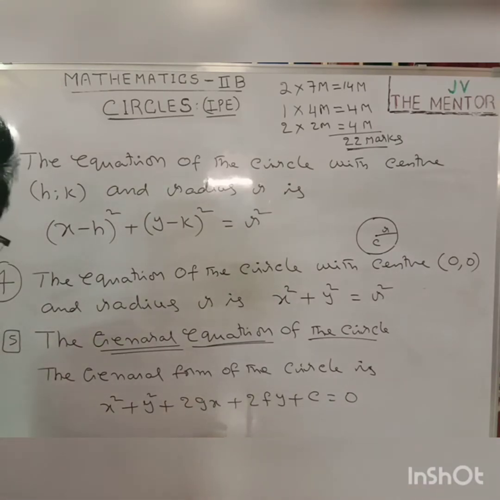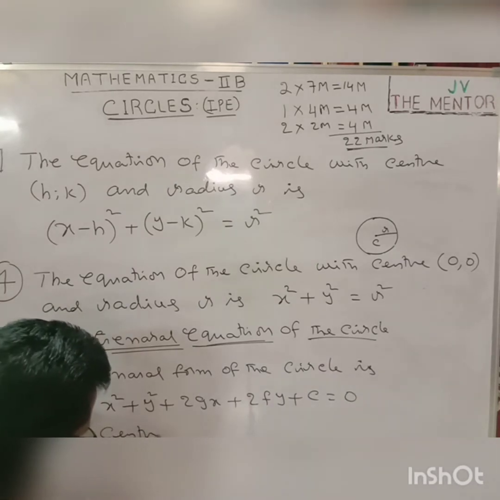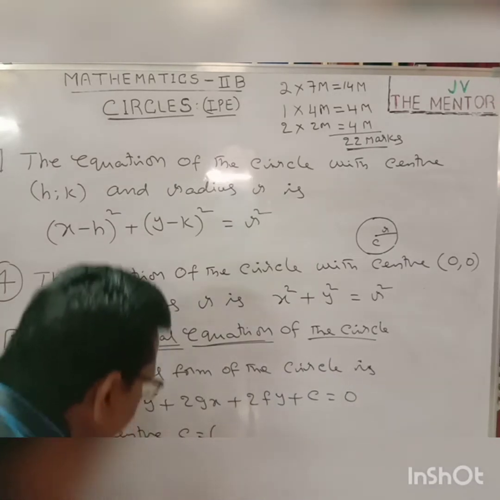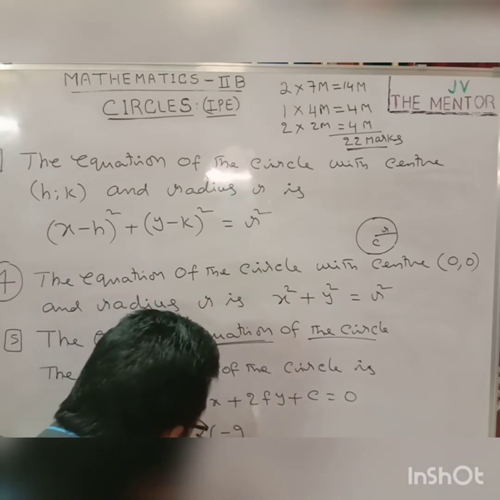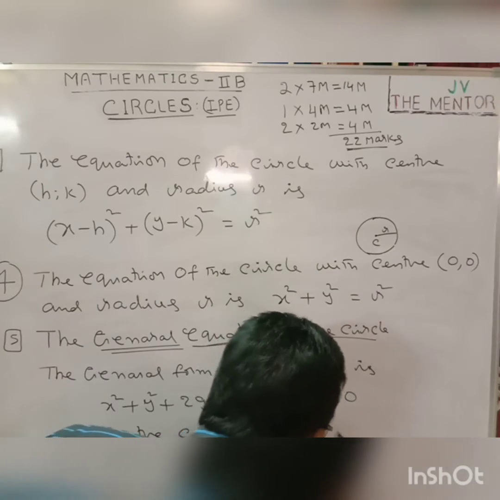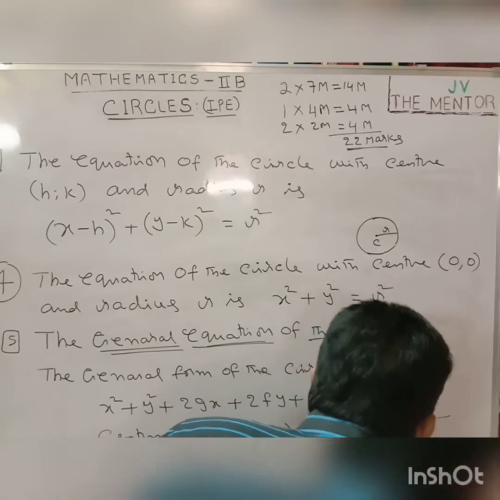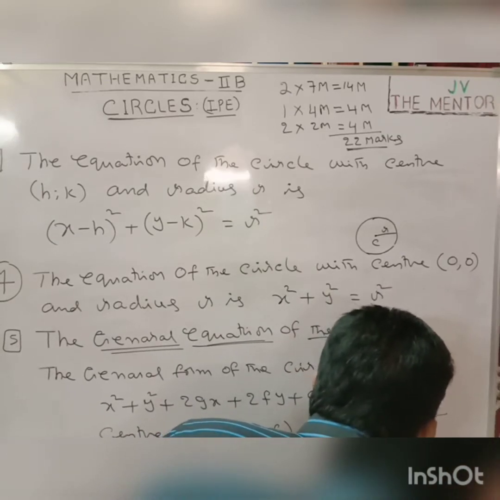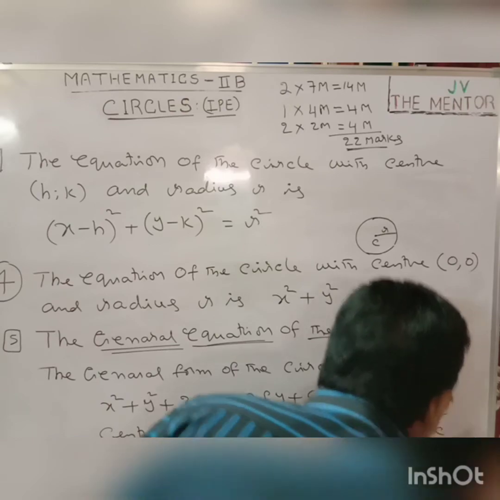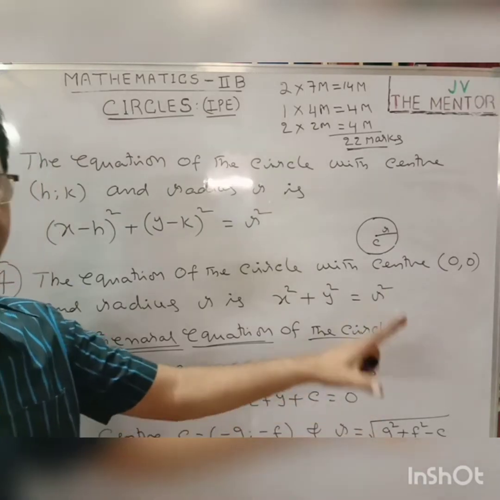Now the center of this circle is C equal to minus g comma minus f, and the radius of the circle r equal to root of g square plus f square minus c, where g square plus f square minus c is always greater than or equal to 0.